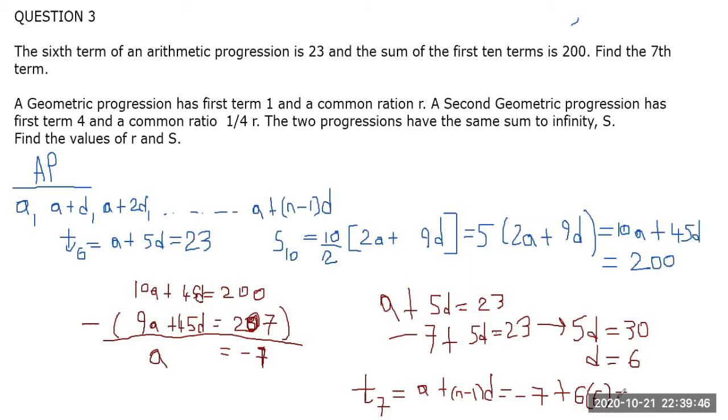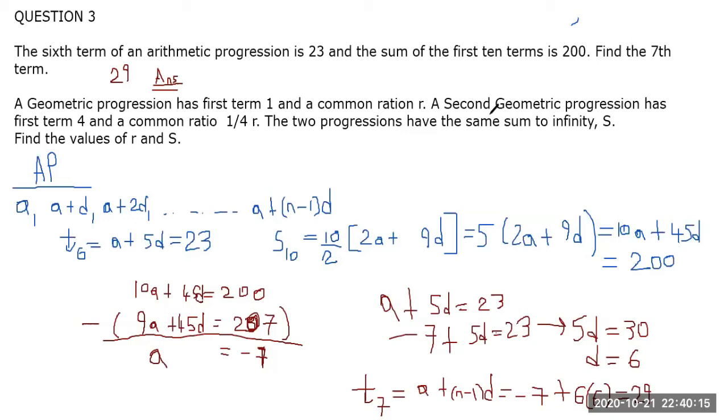Negative 7 plus 6 times 6: 6 times 6 is 36, and 36 minus 7 is 29. And so the final answer is 29. So we can write that the seventh term is 29. That's the answer. Very easy.